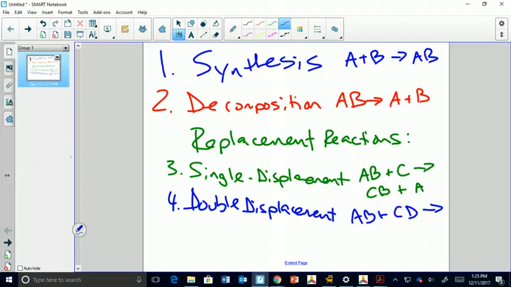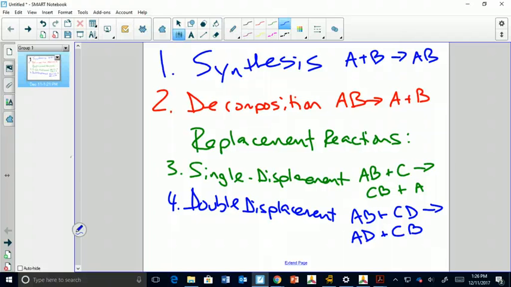A and C are the metals. B and D are the nonmetals. So therefore, A goes with D, and C goes with B. We've got to make sure you get the right partners, because these are two ionic compounds. Double displacement only ever happens with ionic compounds. Wife swap, there you go. That's definitely what it's just like.